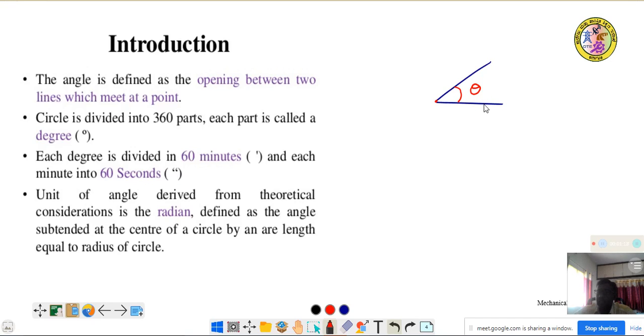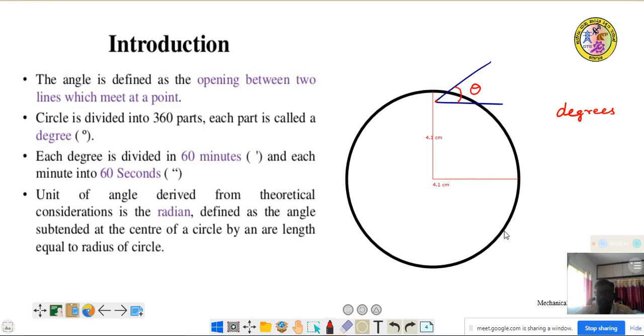So angles are measured in degrees. What do we measure in? Degrees. So if I take degrees, for example, if this is a circle, I will take one circle.